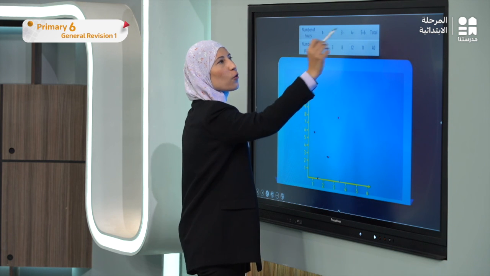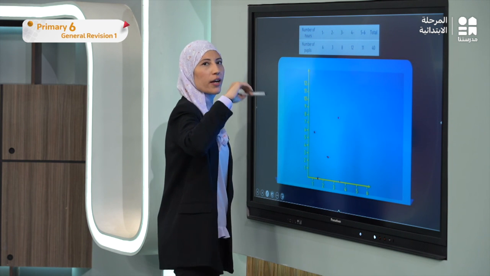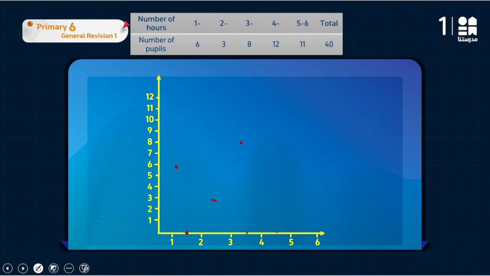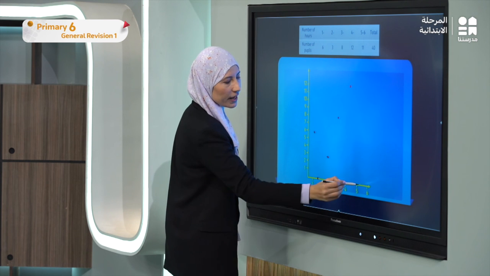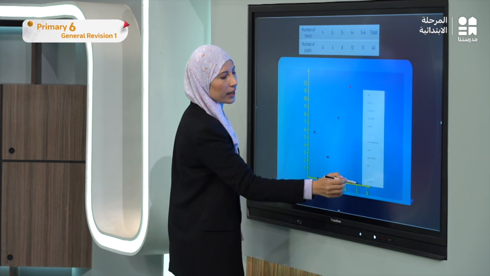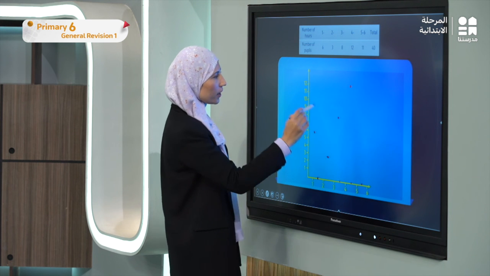Here 4 to 5 is 9, so 4 and a half. Again from the middle I will go up to 12 and draw. For 5 to 6, the middle again, I will go up to 11.